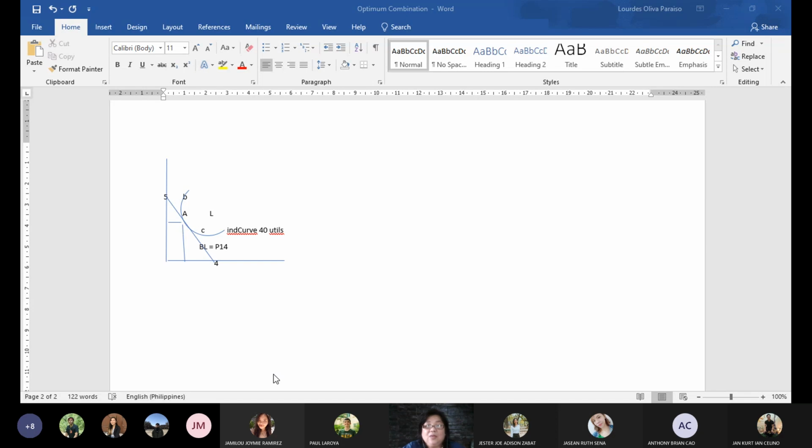What is the concept again? What are the things that you should remember about your indifference curve? That any point within the indifference curve gives you the same level of satisfaction. That any point within your budget line will give you the same total cost or the same budget of 14 pesos.